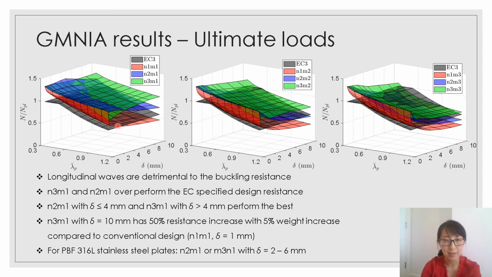For the current study, we recommend adopting the imperfection pattern of N2M1 or N3M1 with the imperfection amplitude of 2 to 6 mm, because we don't want to make the imperfections infinitely larger, and also for very small imperfections, we have the printing quality limitation.